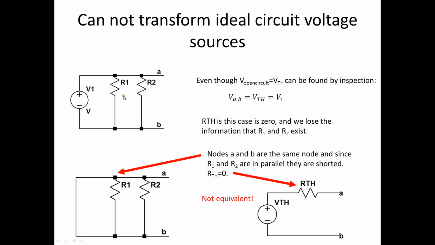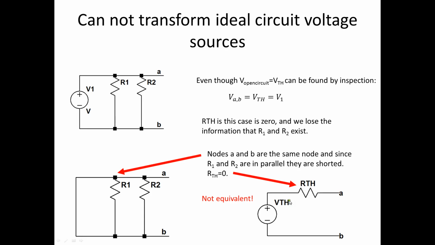But let's notice what happens when we try to find R Thevenin. We replace this voltage source with a wire, but now notice A is on the same wire as B, which means they're connected, or shorted. So the Thevenin equivalent resistance would be 0. I would have the Thevenin voltage of V1, and then R Thevenin as 0.